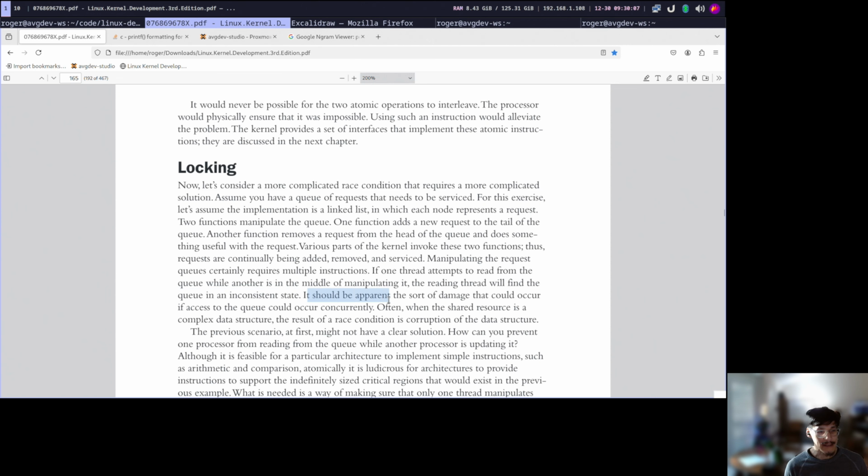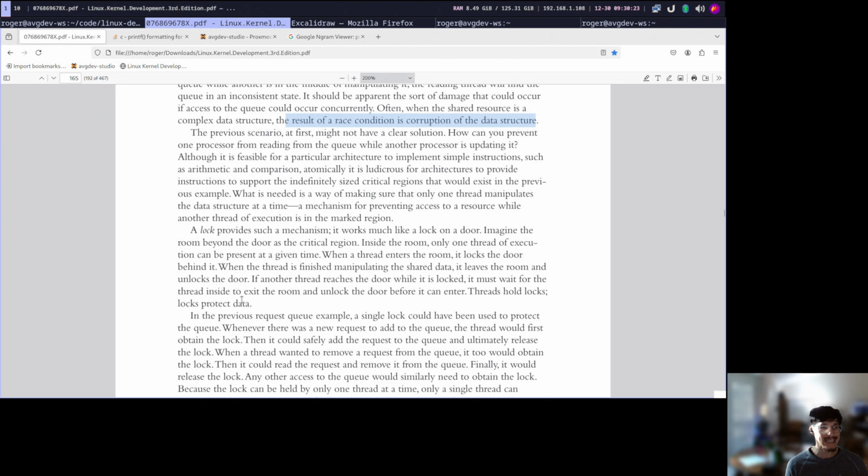It should be apparent the sort of damage that could occur if access to the queue could occur concurrently. Often, when the shared resource is a complex data structure, the result of a race condition is corruption of the data structure. So we can leave the data structure in a bad state, or even, in minor cases, in a state where it doesn't reflect the most up-to-date information.